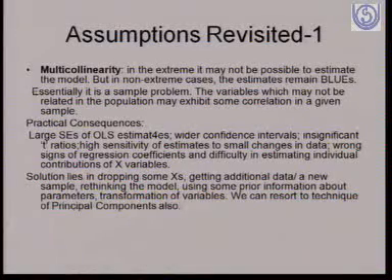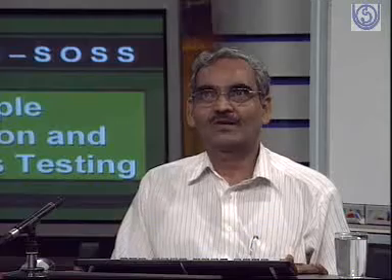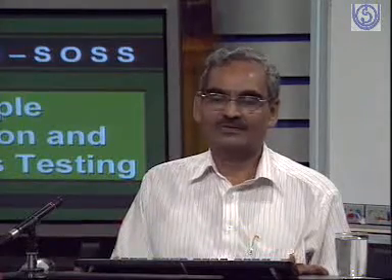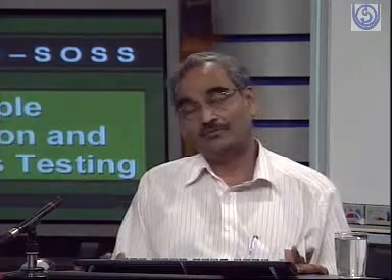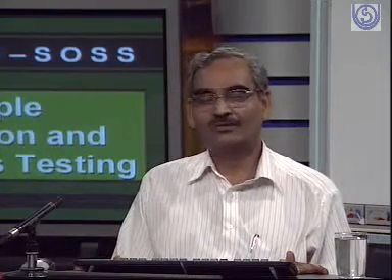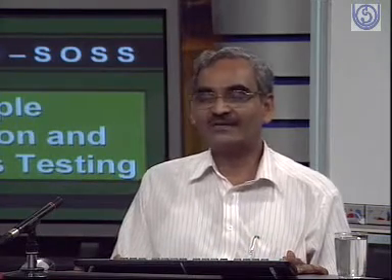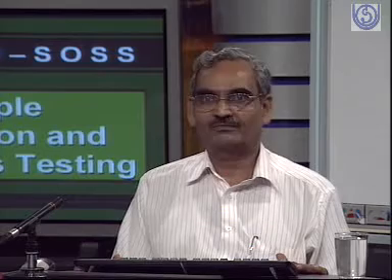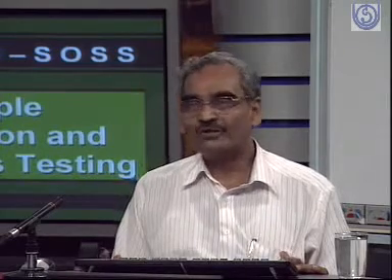Or there may be some rethinking about the composition of the model. Sometimes using some prior information about the parameters will be useful, or alternatively, variables can be transformed. You may use logarithms of variables.